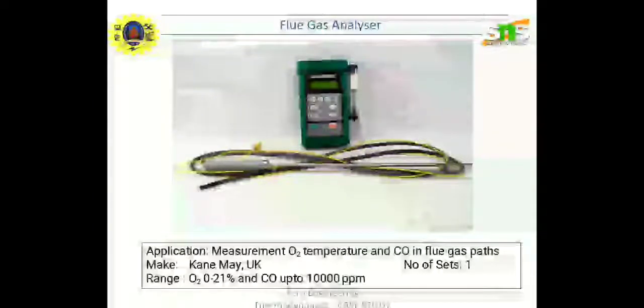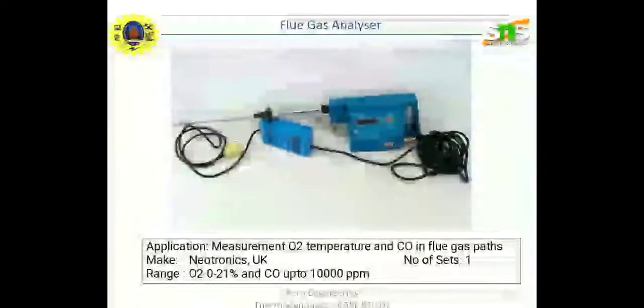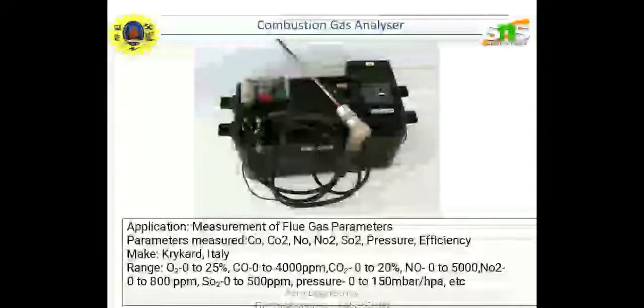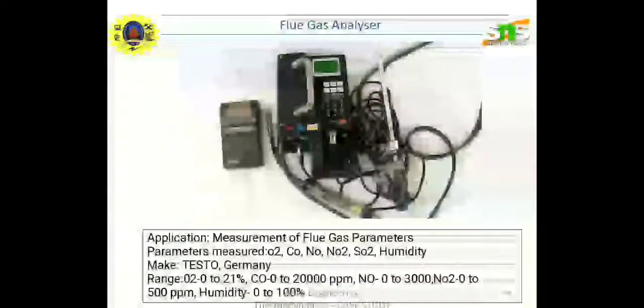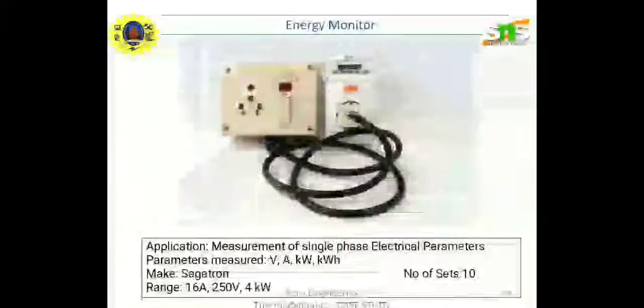The range is 0 to 21% and up to 10,000 ppm. Then there is a combustion gas analyzer. Its application is flue gas measurement. Its range is 0 to 25%. So the flue gas analyzer is used for measurement of flue gas parameters, and the range is 0.2 to 21%.